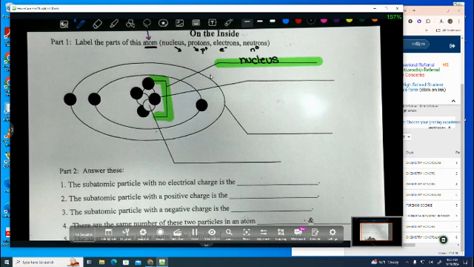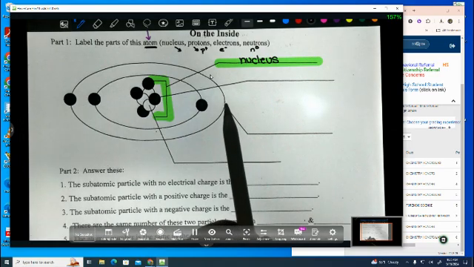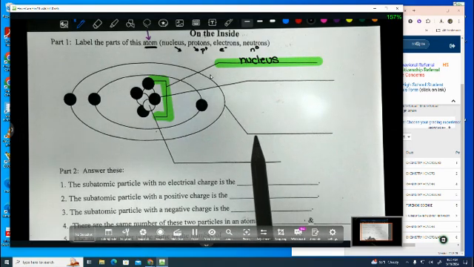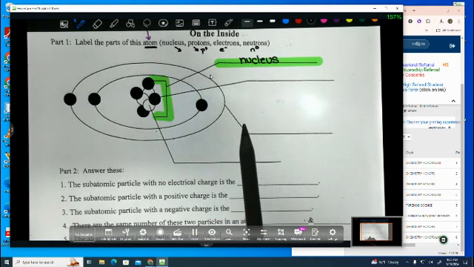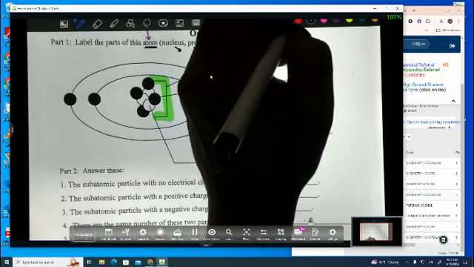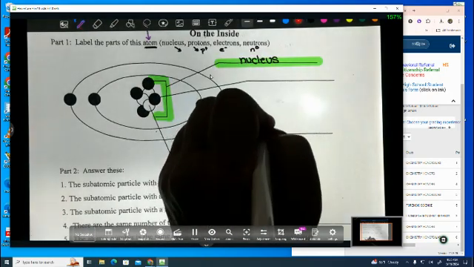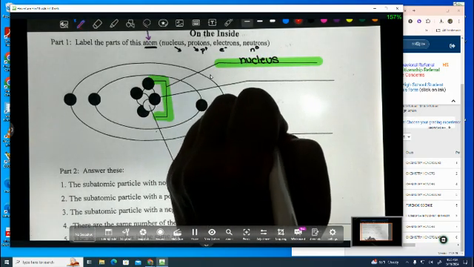Okay, Caitlin. What do you think this line is referring to? This one right here, this kind of funky looking L-shaped line. The electrons. Good. I'm going to write that here.